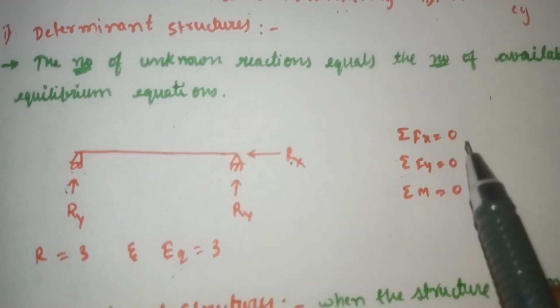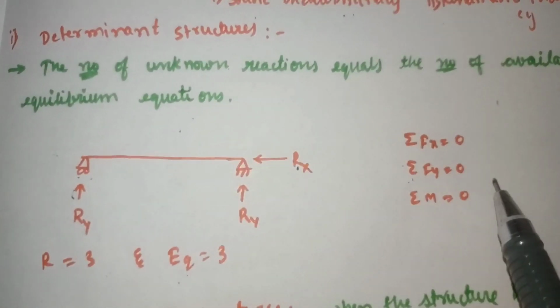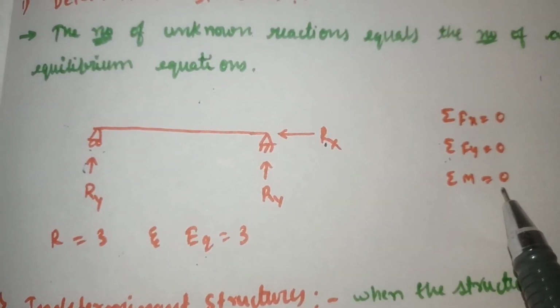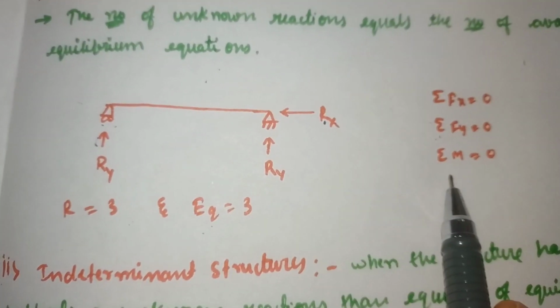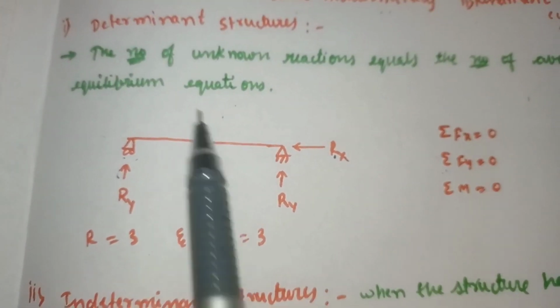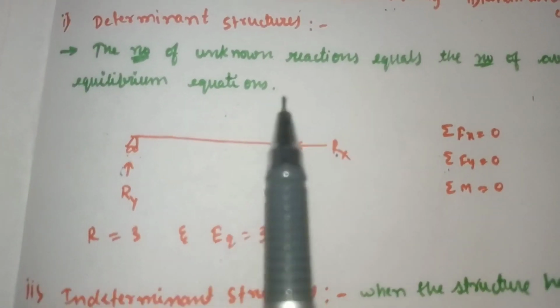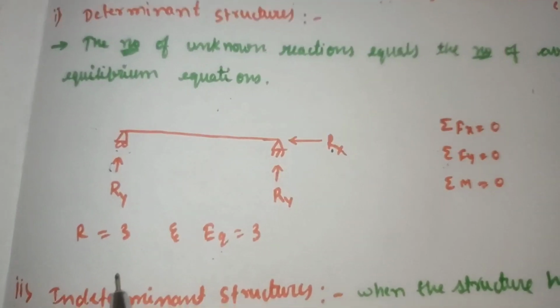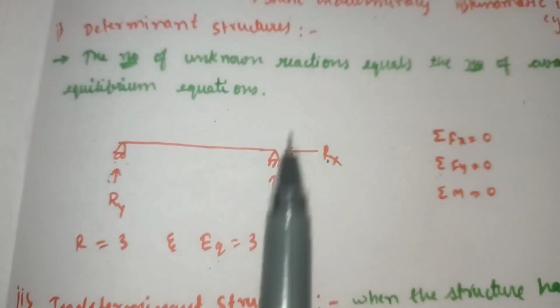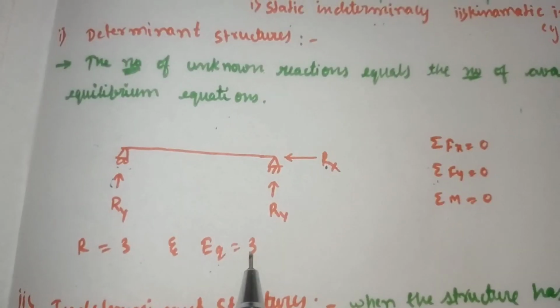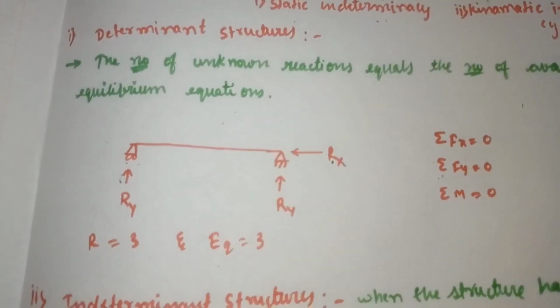So summation of Fx is equal to 0, summation of Fy is equal to 0, summation of moment is equal to 0. So there are 3 equilibrium equations. So here what our determinate structure says, whenever the number of unknowns is equal to the number of equilibrium equations, then the structure is called determinate structure. So this is the example for our determinate structure.